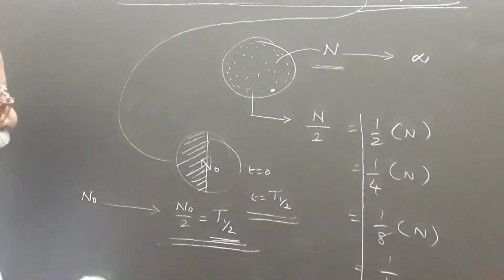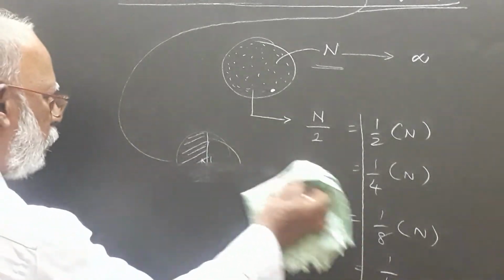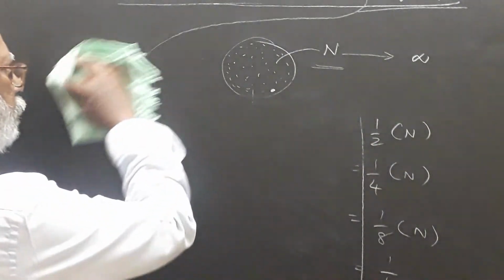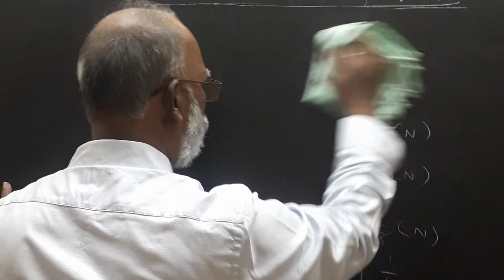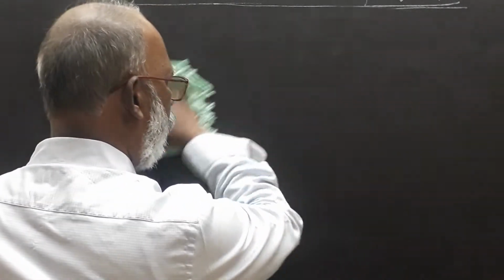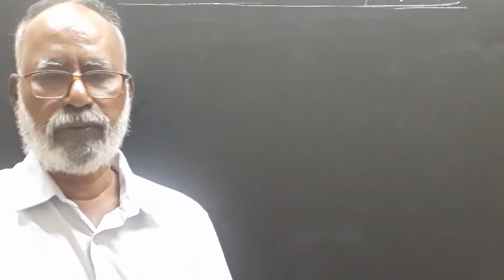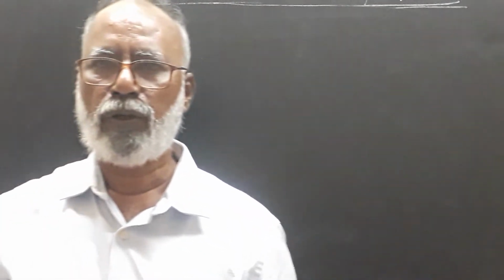Now we are going to derive an expression for T half, which is a very important concept, because if you consider any radioactive substance, you must know its half-life period.